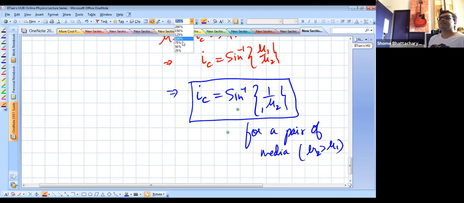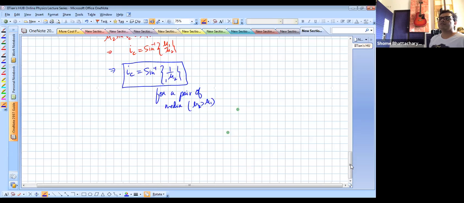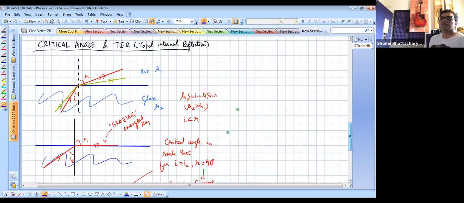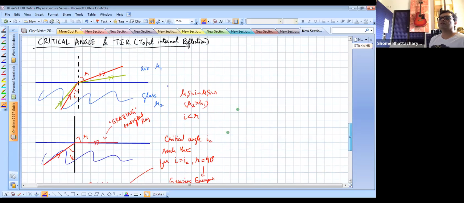So this is firstly the definition of critical angle, and you need to understand it. But before that, you need to understand the process: when light is going from denser to rarer, it bends away from the normal. And the more you bend the incident ray at a larger angle of incidence, the more the refracted ray also bends. So at a particular value of angle of incidence, the refracted ray just comes out, just grazing the surface, or the angle of refraction just about becomes 90 degrees.